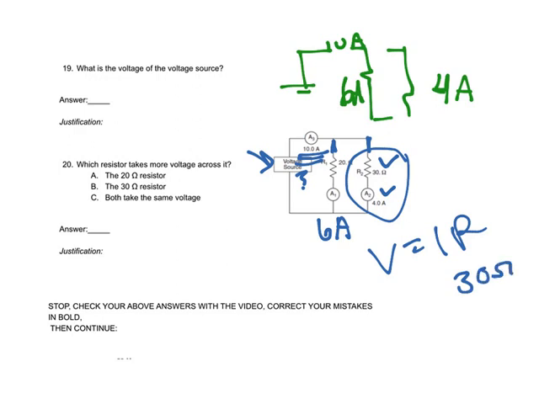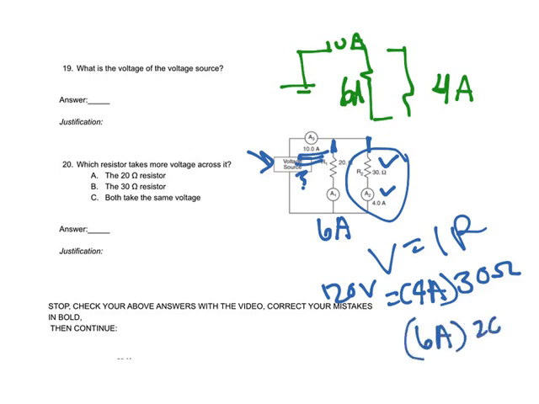So I'm going to use the 30 ohm resistor times the 4 amps, which gets me 120 volts. We could have also done this with our 6 amps and 20 ohm resistor, and that still gets us 120, which is a way you can fact check yourself as well. They both worked, so we did a good job.